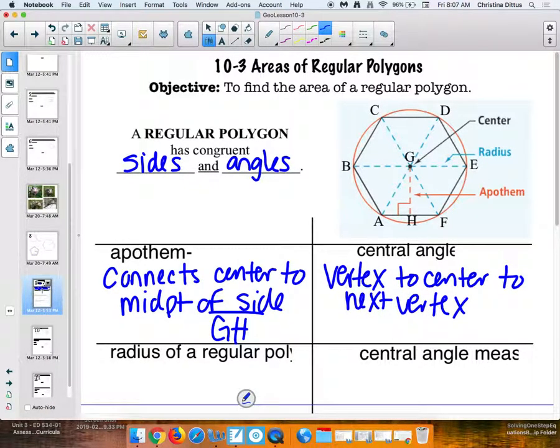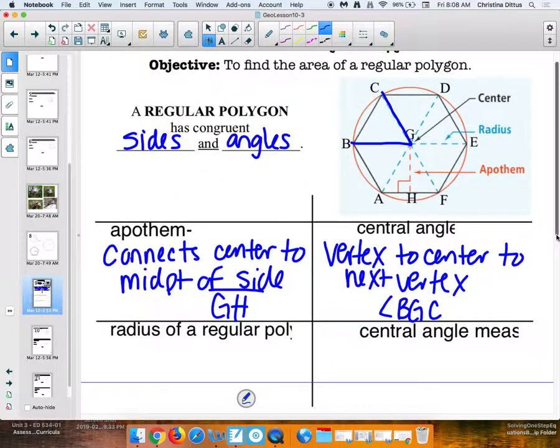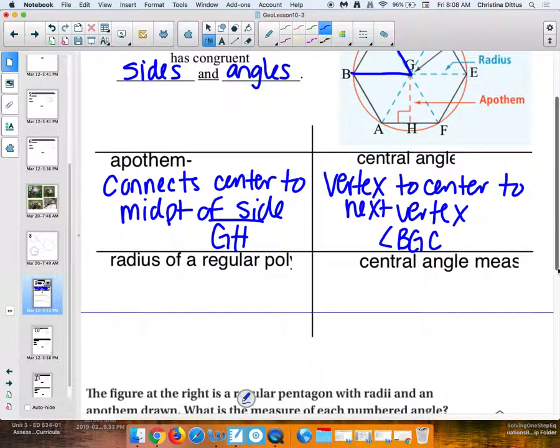An example here, we could use BGC, that angle. Cool thing, however many sides you have in your shape is how many central angles you have.